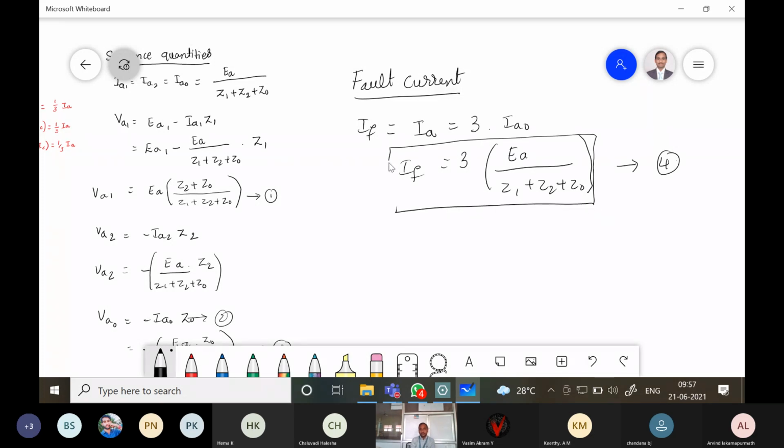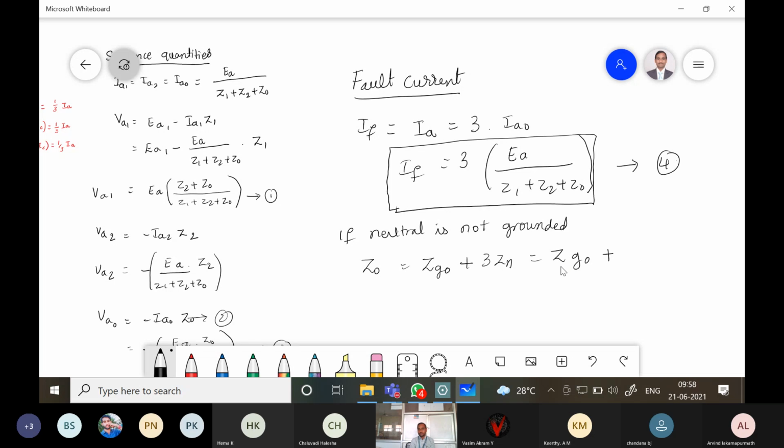Suppose in any circuit the neutral is not grounded, then what to do? Then Z0 becomes Zg0 plus 3 times Zn.